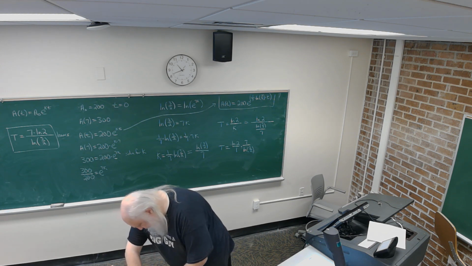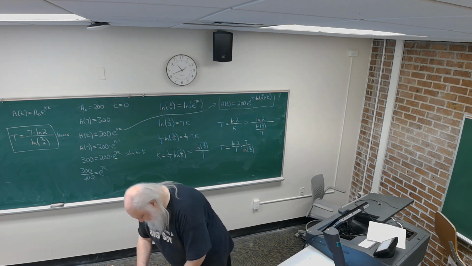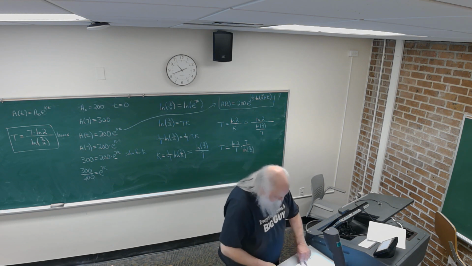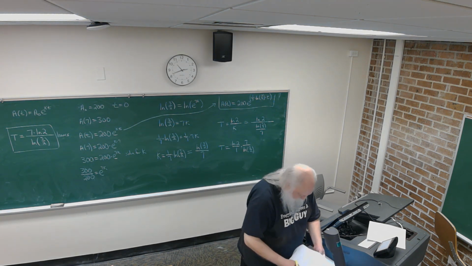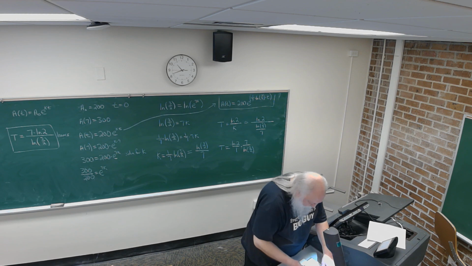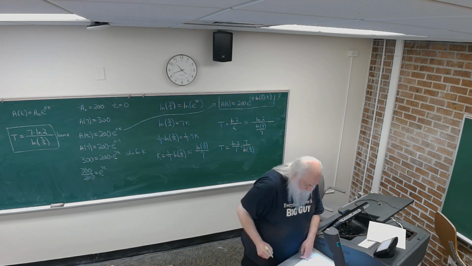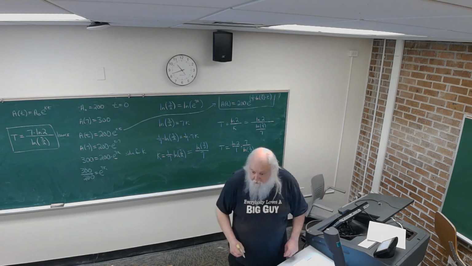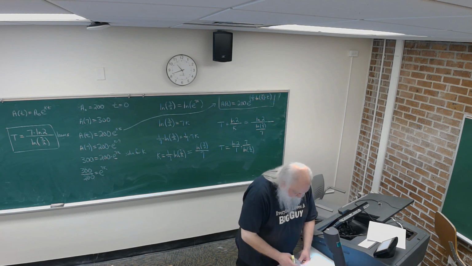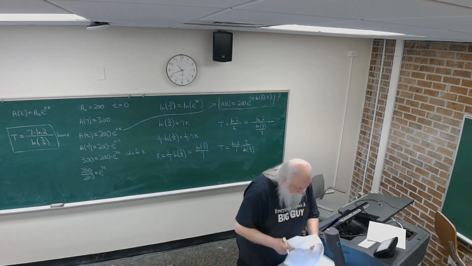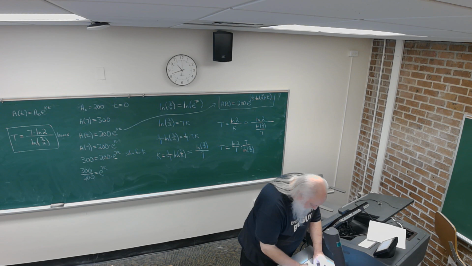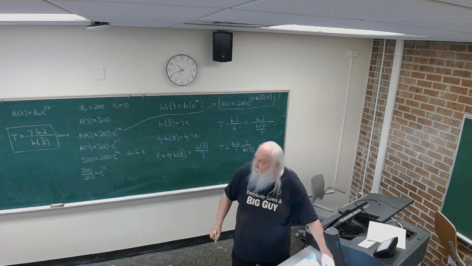So let's just emphasize the difference in the two models. In the exponential growth model, the substance or population grows with time. In the exponential decay model, the quantity of substance decreases with time.